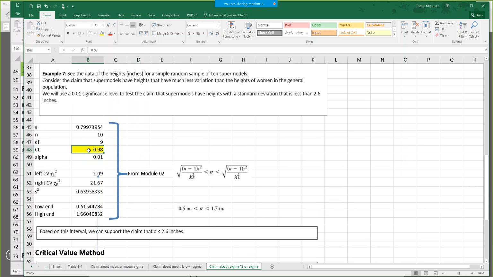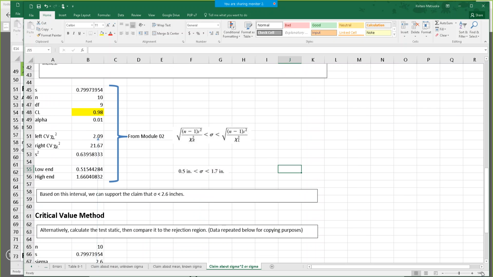So that's where I get 0.98 from. So if you do so, you get this confidence interval, which is 0.5 to 1.7. You notice that this interval does not include 2.6. It's smaller than 2.6. So that just adds credibility to the fact that sigma is less than 2.6 inches. Same conclusion as before.